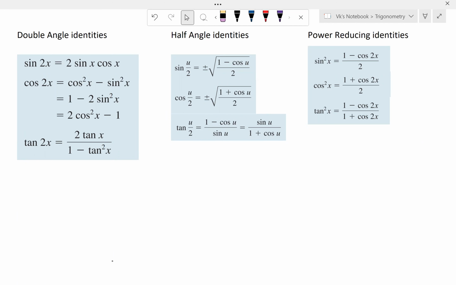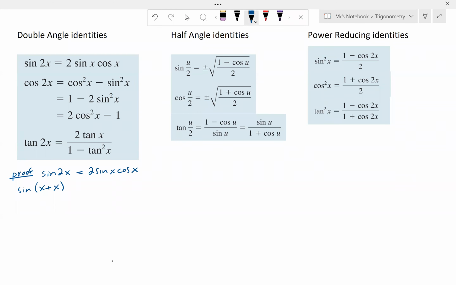So here comes a proof. One of them: sine 2x is equal to 2 sine x cosine x. I'm going to work on the left side. It's sine x plus x.